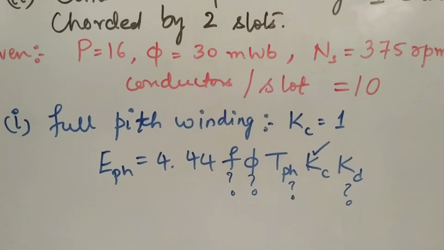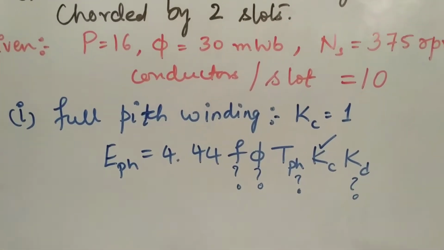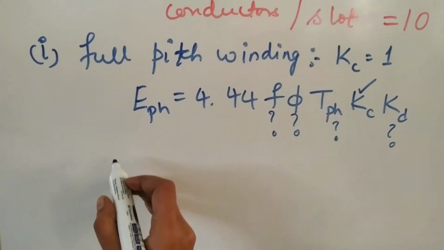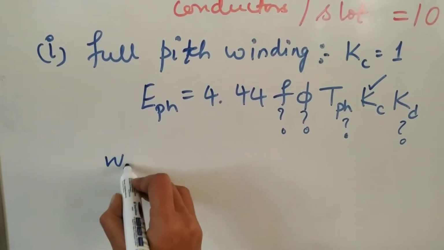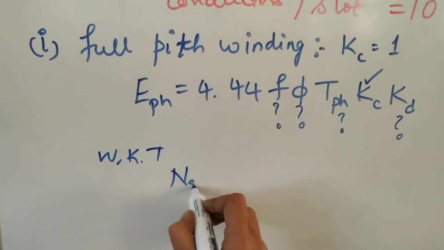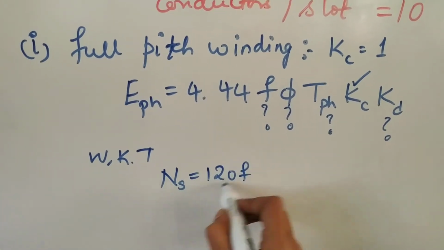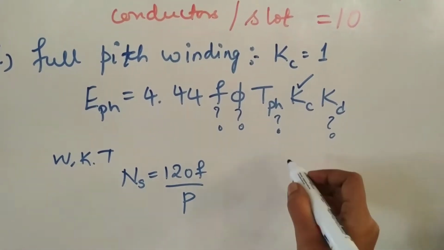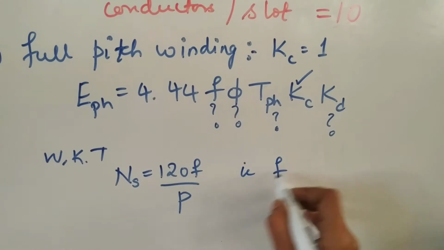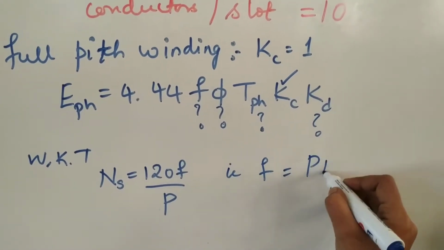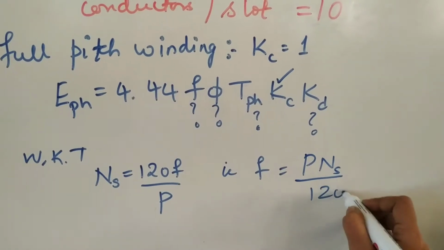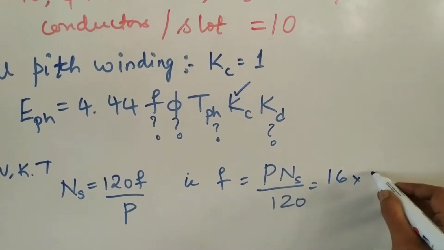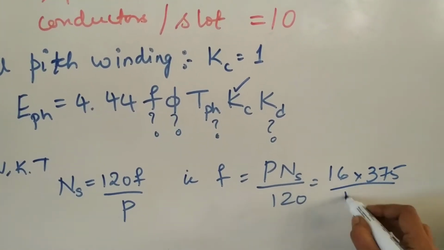First, let us take up the parameters one by one, starting with the frequency. As we all know, Ns = 120F divided by P, so F = P into Ns divided by 120, which is 16 multiplied by 375 divided by 120.